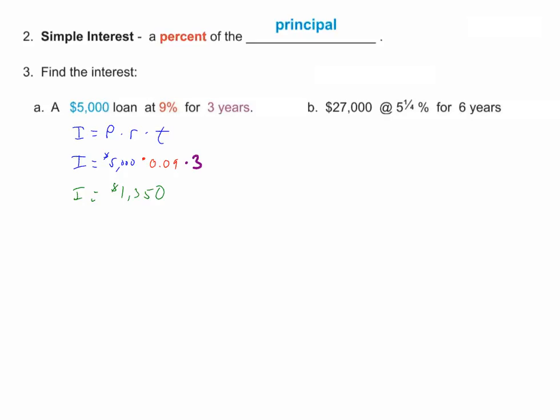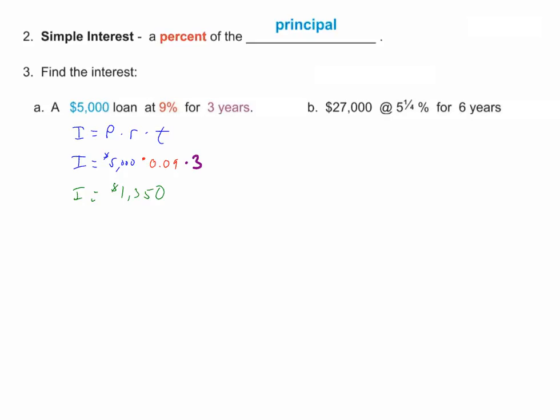All right. B, $27,000 at 5.25% for 6 years. Let's figure this one out as an investment, though it'd be hard to get 5.25% this year because interest rates are high. All right, go ahead and try it. Start with your formula.